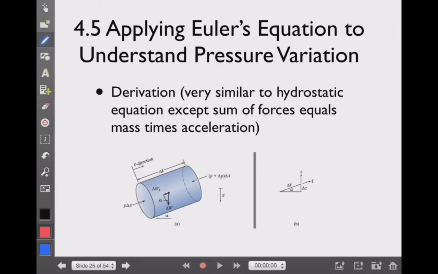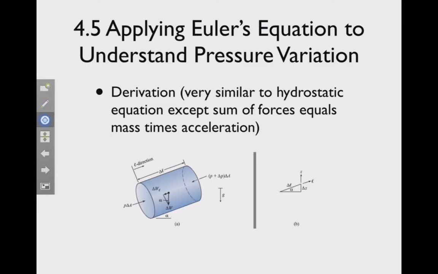And so this derivation is quite similar to what we used looking at hydrostatics, except at this point we're going to allow the fluid to flow. Therefore the sum of the forces is going to have to equal the mass times acceleration instead of it being zero.